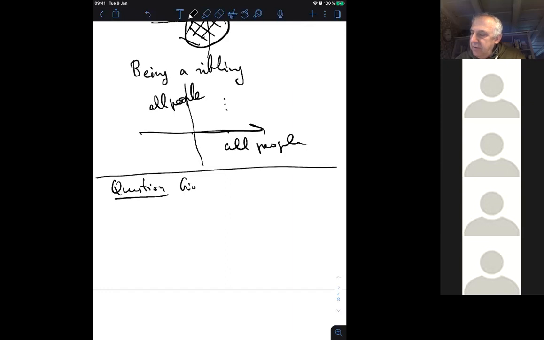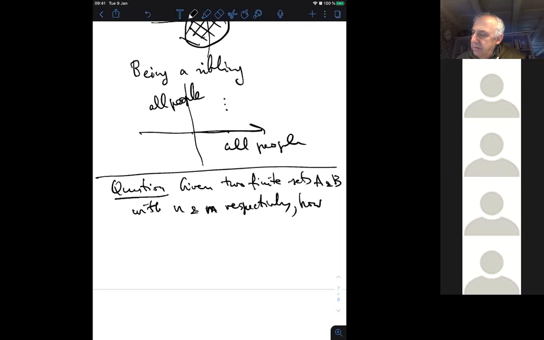Given two finite sets A and B, with n and m elements respectively, how many relations among A and B exist in general?